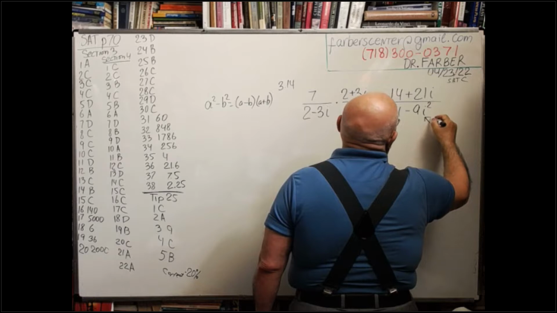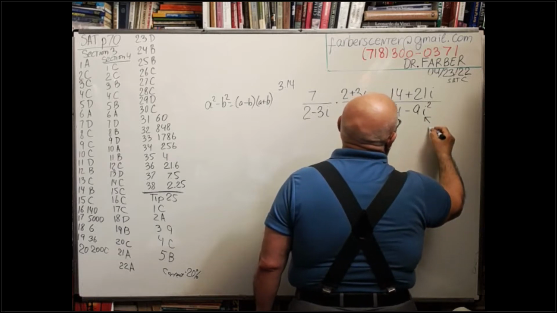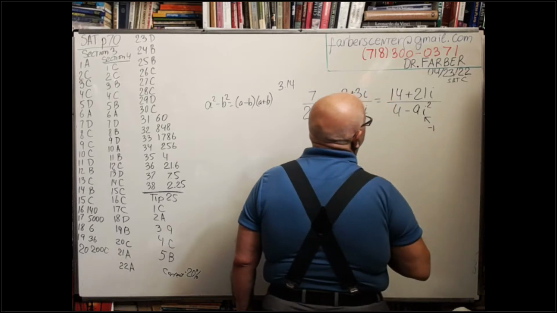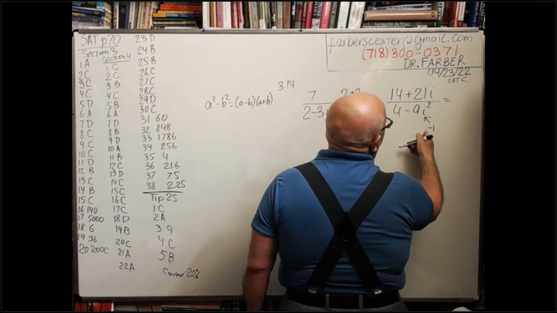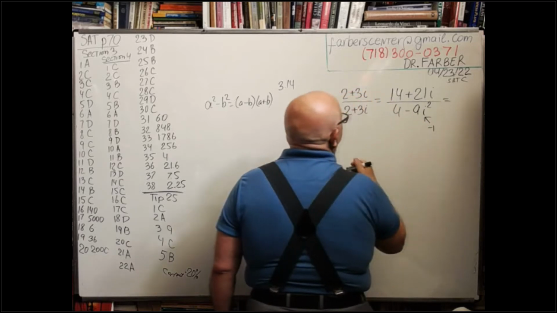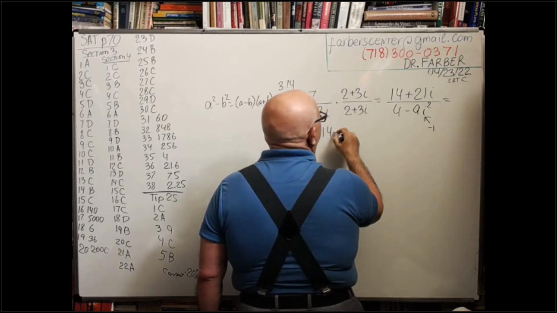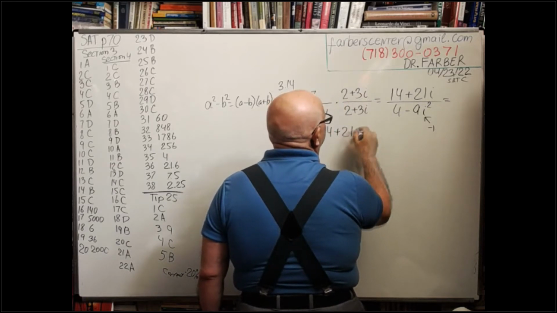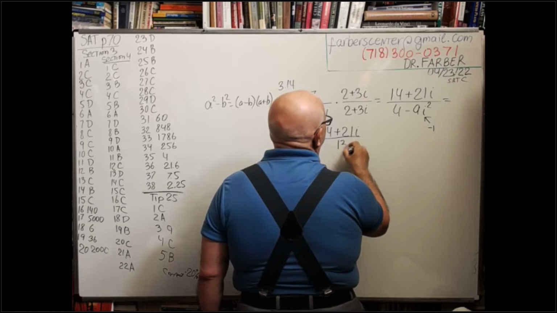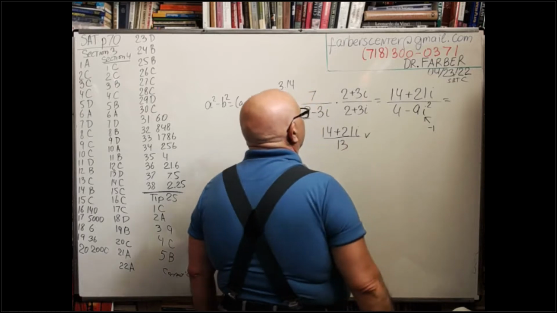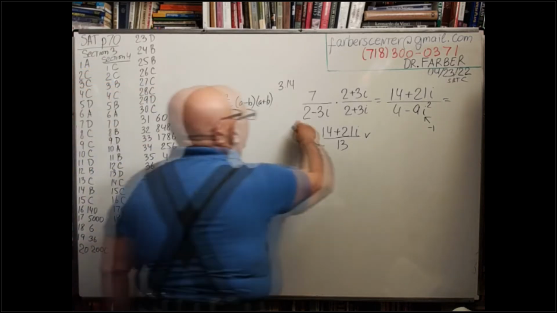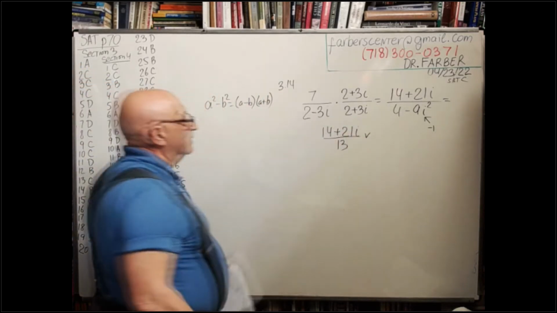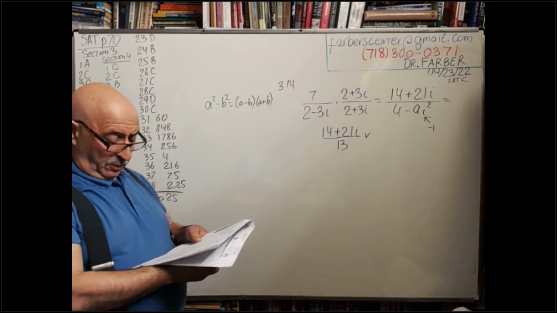But since i squared equals negative 1, I will have 4 plus 9, which is 13. So I have 14 plus 21i over 13. Just multiply by the conjugate, the same value with opposite sign, like in the denominator. So far, so good.